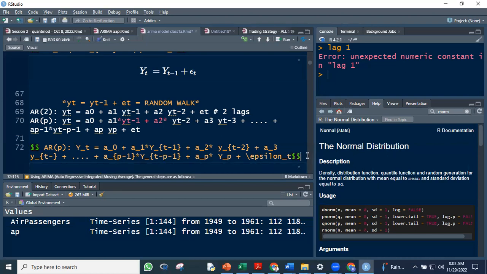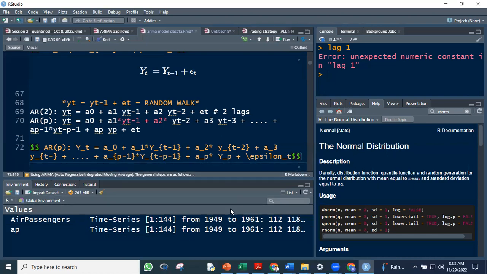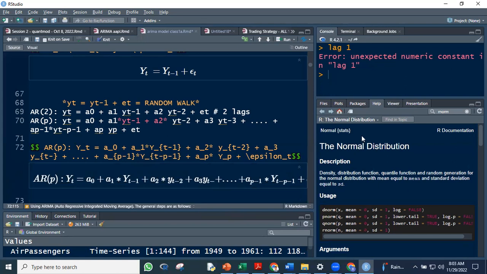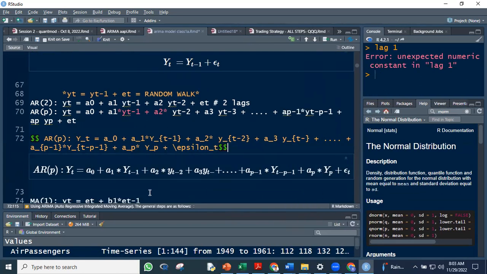Okay, so this is an AR1 process, no? Just to be consistent.